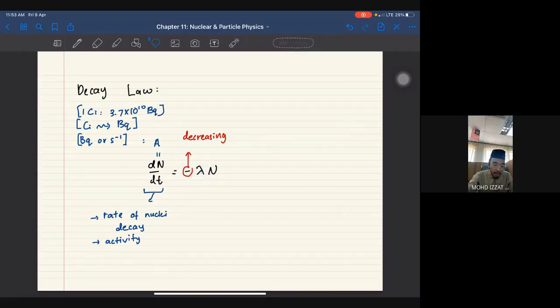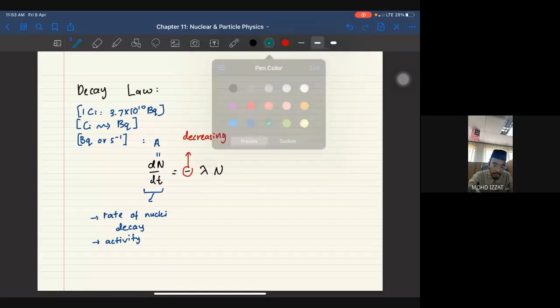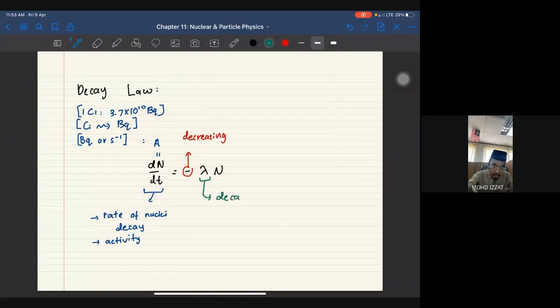Okay, lambda there is actually your decay constant. Lambda is equal to ln 2 over half-life. So make sure you know how to press ln 2 inside your calculator. The SI unit would be s^-1.